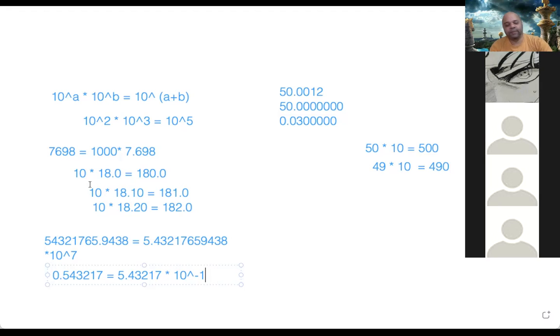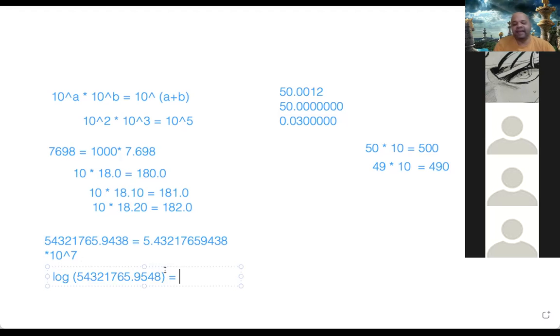So what I was coming to is, now forget this, I will erase this. If we want to get the log of this number, 5.432176599438 times 10 raised to 7, we said it is the log of this number plus the log of 10 raised to 7.